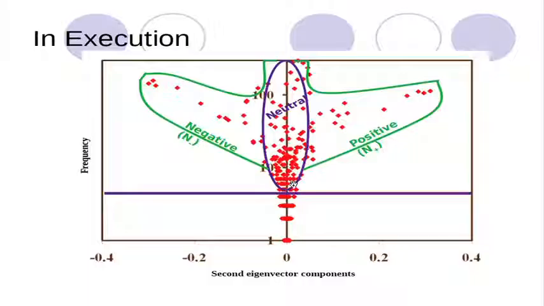Now you recompute the second eigenvector for that smaller graph, and again get a positive class, a negative class, and a neutral class. Then again remove the negative and the positive, and with the neutral class reconstruct yet another subgraph. You keep doing this until very few nodes are left in the neutral class. If you backtrack this process, you will finally get the dendrogram, or the hierarchical structure of the communities.